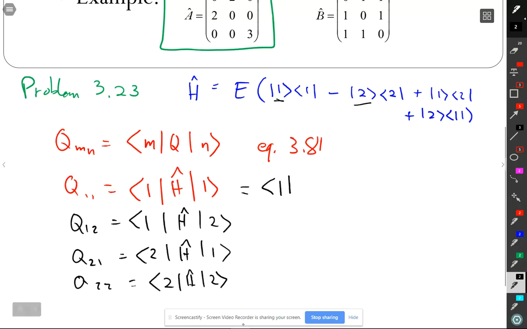And so that means that only the two that have a 1 will give me non-zero. And then this one has a bra 1, so it needs to be closed with a ket 1. This one has a bra 2, it needs to be closed with a ket 2 if I'm going to get something other than 0. So I can look at this and say, okay, opening with a 1 and then closing with a 1 means I have to have 1, 1. This is the only term that's going to contribute to there.